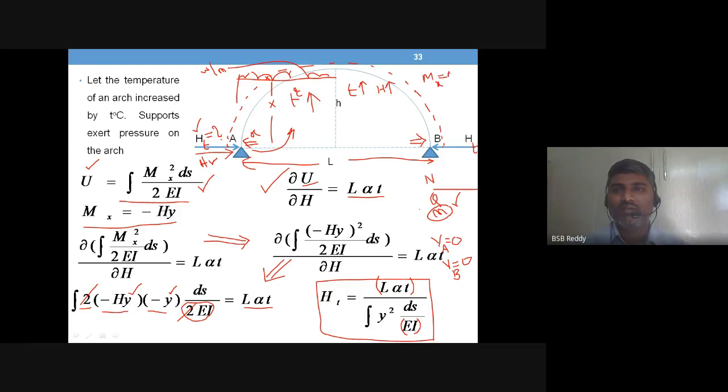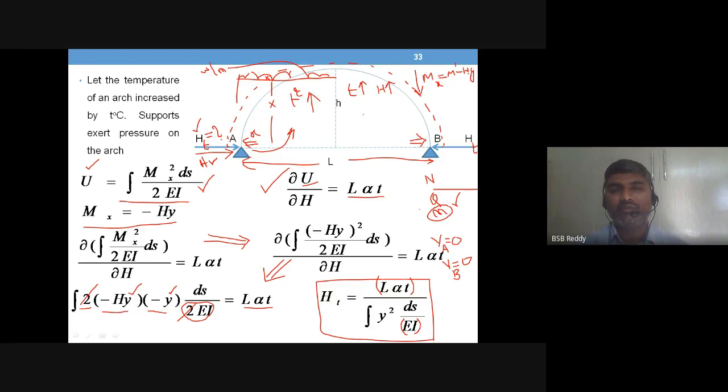It is M' minus H into y, right? So if H is increased, what will happen to Mx? It will reduce.